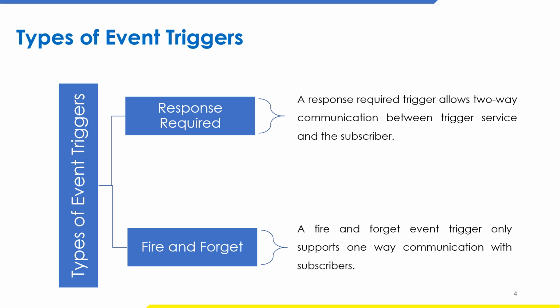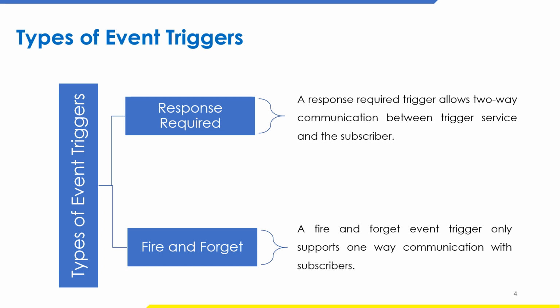Under response required, we have three sub-event trigger types: access request post approval, access request dynamic approval, and access request pre-approval. Coming to fire and forget, the only job of the fire and forget event trigger is to forward each event it receives to each subscribing service. This trigger type doesn't wait for a response from subscribers.